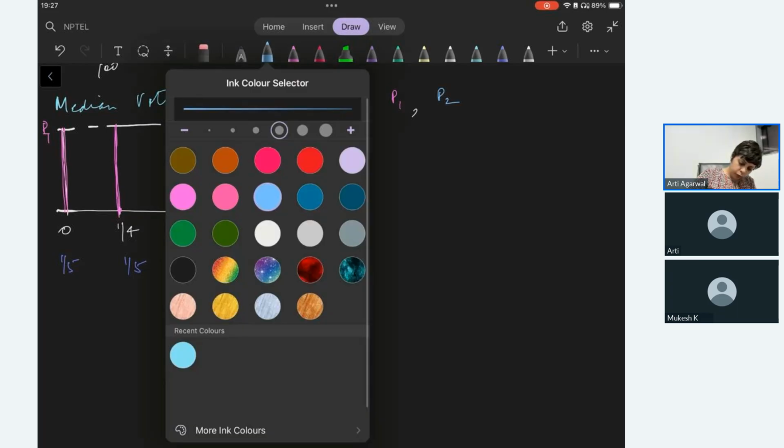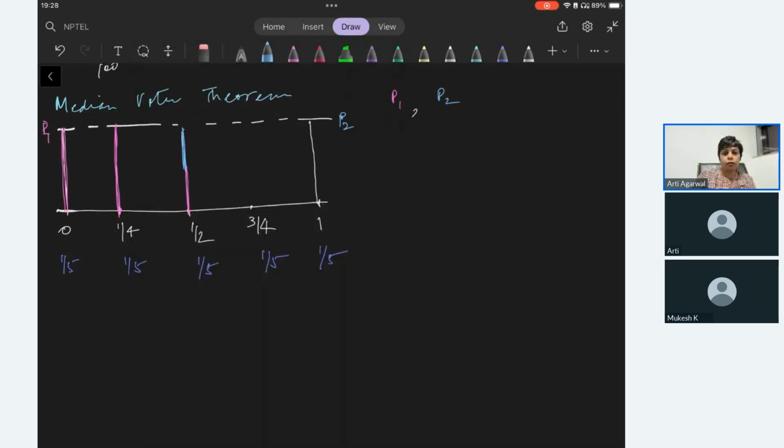This is how I have shown it: the population at policy position half, half of them are voting for P1 and the other half is voting for P2. Now let's look at the population at 3 by 4. For them, P2 is the closest candidate, so they're all going to vote for P2. People at policy 1, of course, P2 is the closest candidate, so they're all going to vote for P2. This is the distribution, you can say.